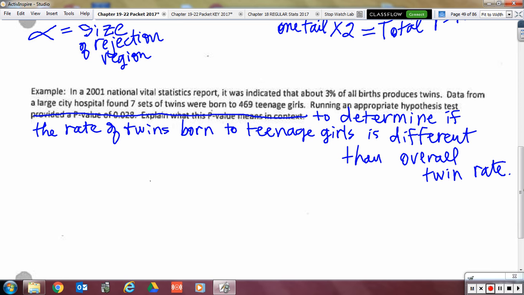Running an appropriate hypothesis test, do that to determine if, so you'll have to write this in here because I changed the problem, determine if the rate of twins born to teenage girls is different than the overall twin rate.